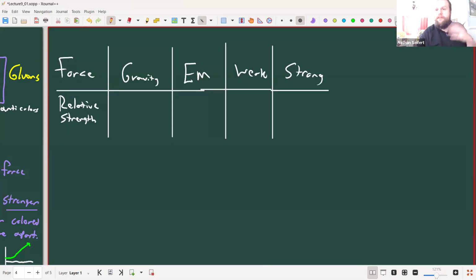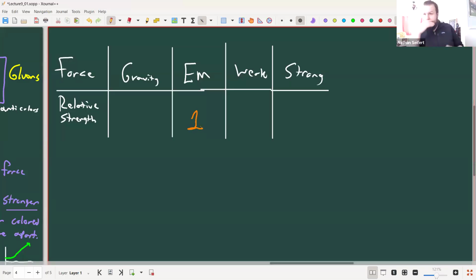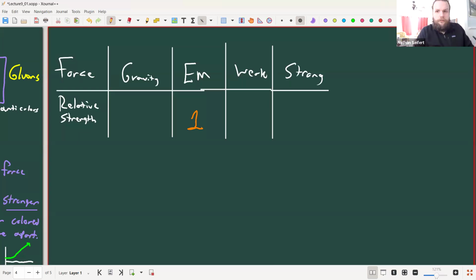The best way to think about this is to think about the electromagnetic force as being one. We'll do everything relative to EM. So this is the strength of the electromagnetic force. If you want to do it on a proper scale it turns out to be something like 1 over 137, but just assume it's 1. The strong force is about 60 times the strength.